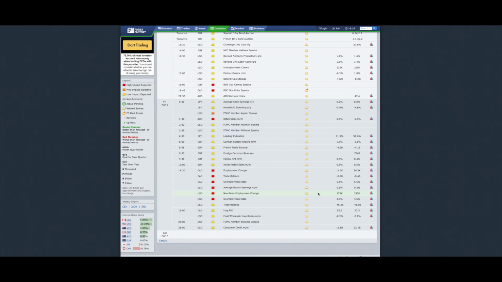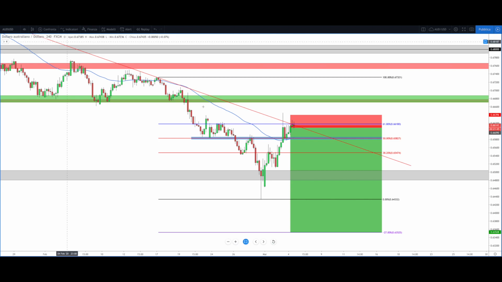So I expect that the US economy will continue to grow in the next months, a comeback of the dollar index, and good news from the economy for the US dollar. So for the moment, guys, the most interesting opportunity is on Australian dollar, US dollar.